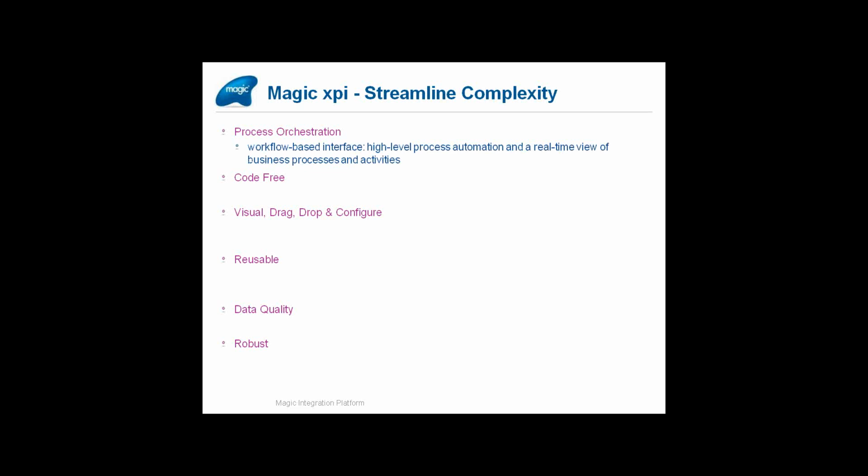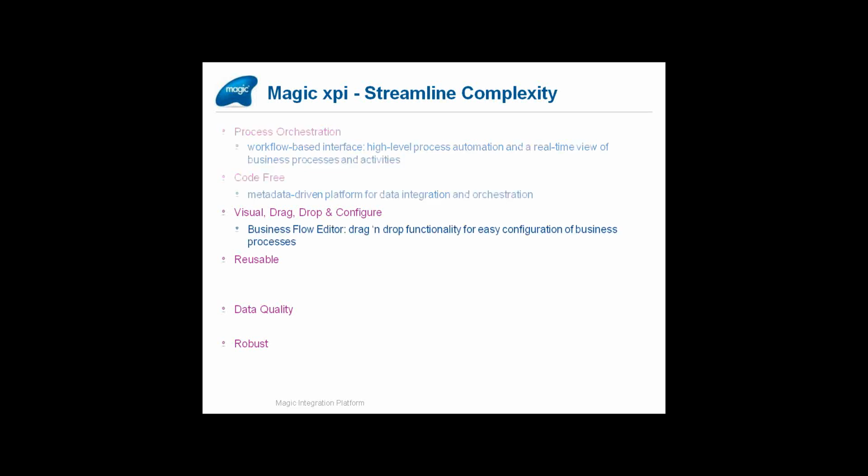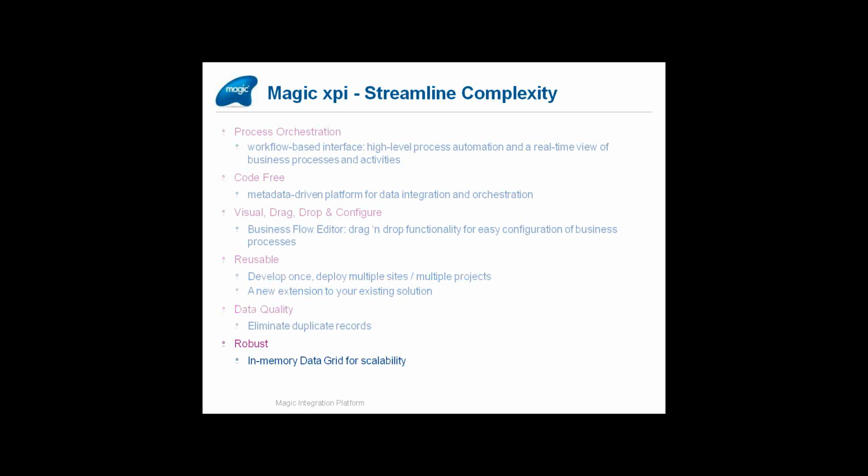So these capabilities are things that you should look for in your integration platform, and one that is going to give you that kind of ability to eliminate duplicate records in your system.